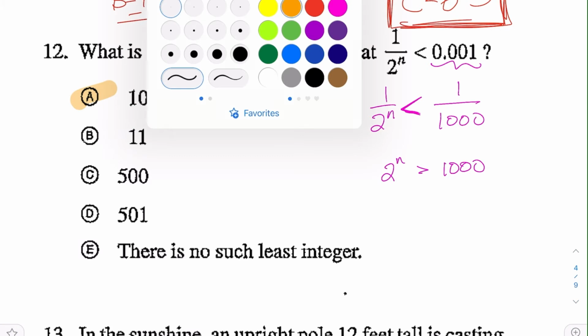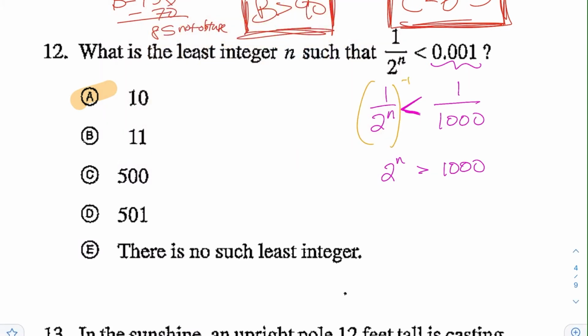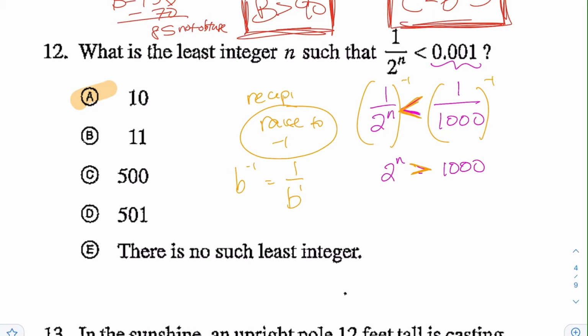And to get there, you have to actually raise both sides to the negative first power. So when you raise both sides to the negative first power, you also have to flip the sign. And when you have b raised to negative 1, this is 1 over b to the first power. So raised to the negative 1 power means reciprocal.